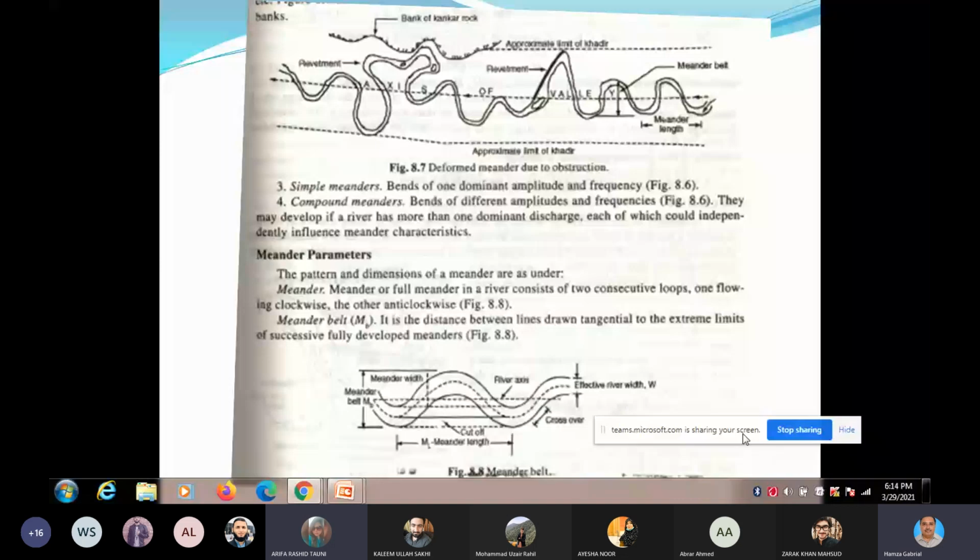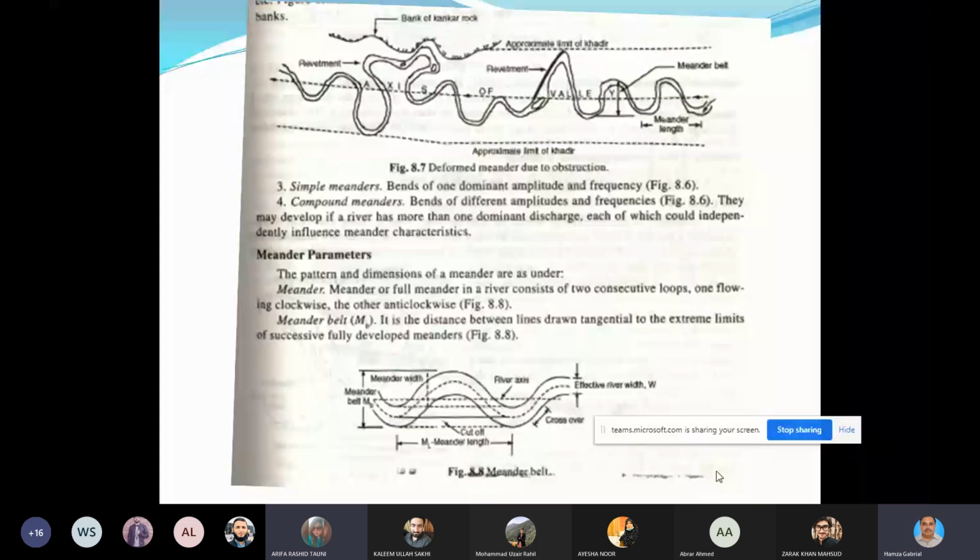Now coming to the meander parameters. Meanders, as we have defined, consist of two consecutive loops. One loop follows the clockwise direction and the other flows in the opposite direction, that is anti-clockwise.